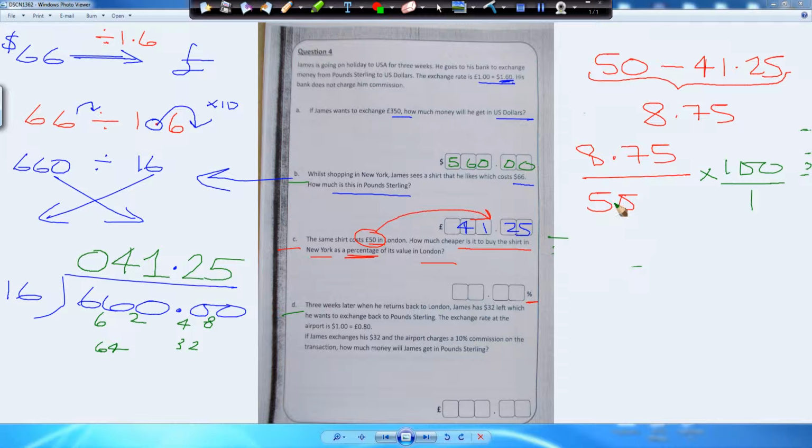Are we happy with that? Huzaifa, looking over here, please. So this is how much we saved out of the original price, £50, times by 100. So divide that by 50. This is the technique for changing this into a percentage. So we've got now 8.75 and we've got to multiply it by 2.